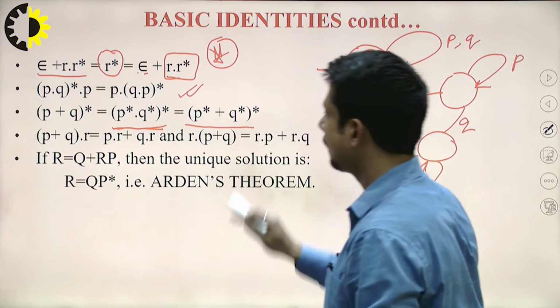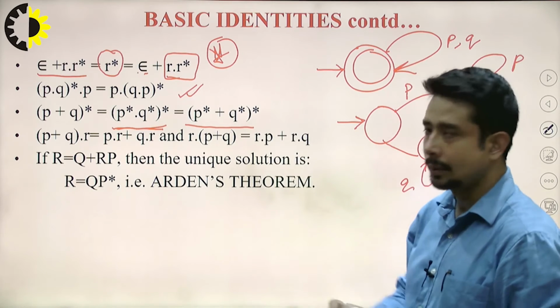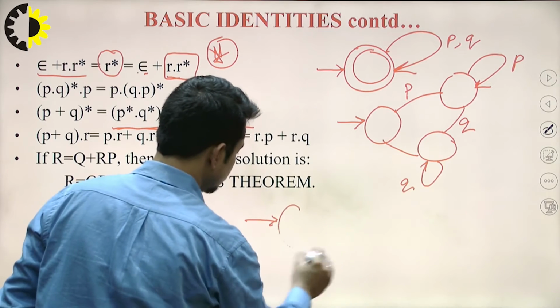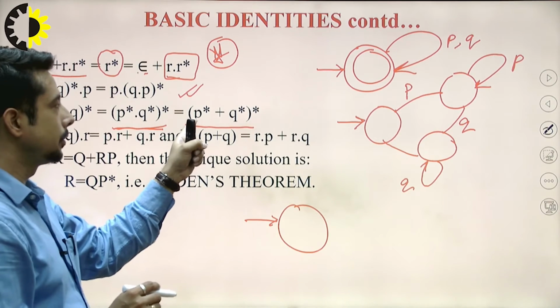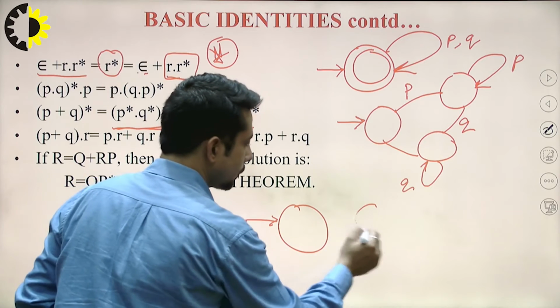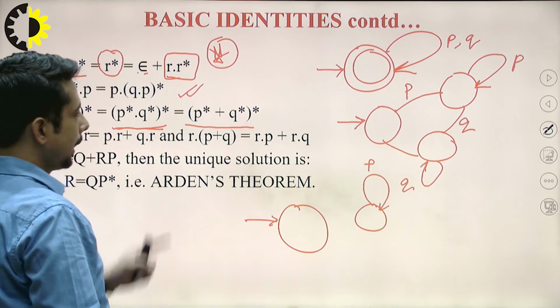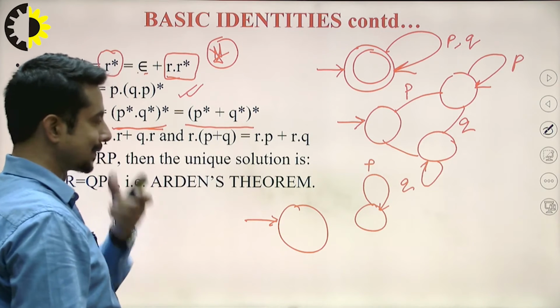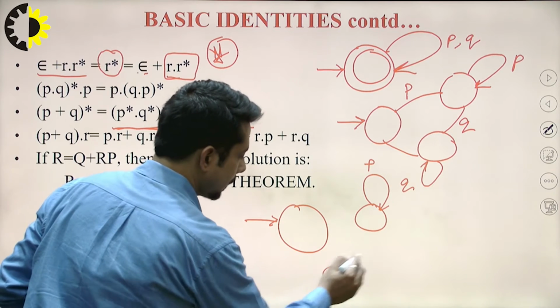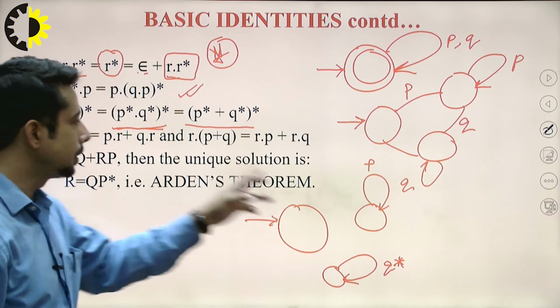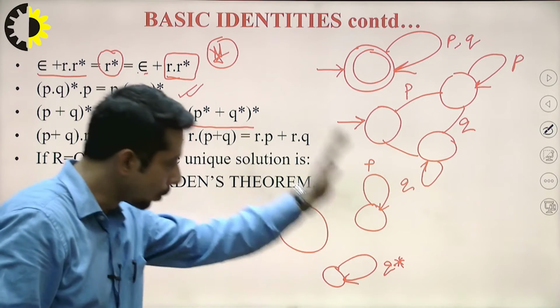And in the same way, if we do the same operation like this, what is the meaning of this? P*. So I will take one more state and I will do P* over here, and I am doing Q*, right? So I will take one more state and have Q* over it. Now what is the meaning of this? (P* Q*)*.